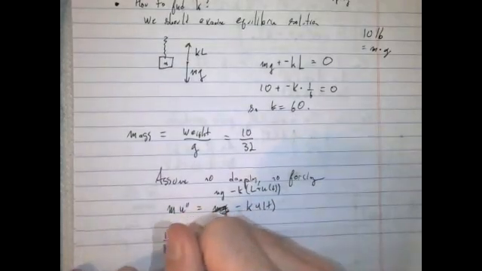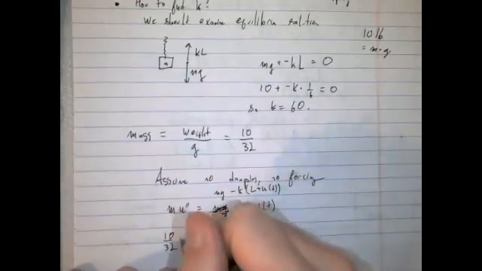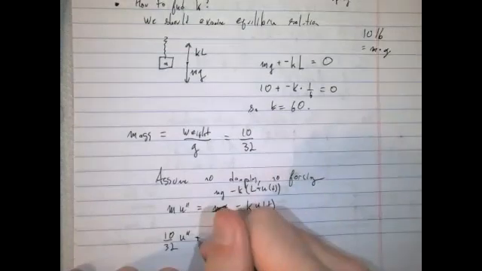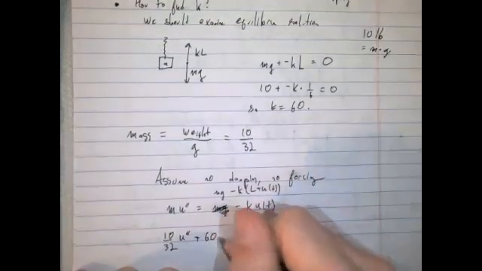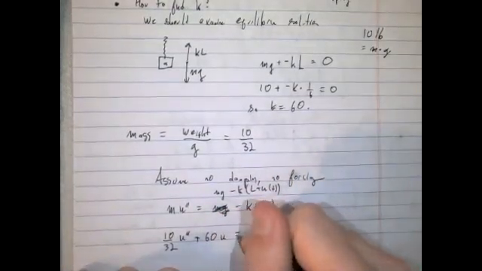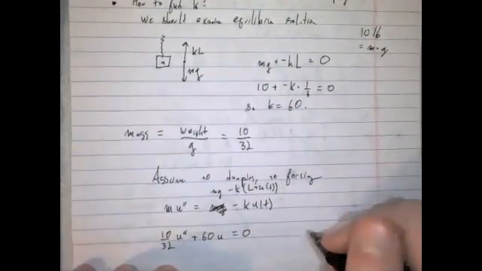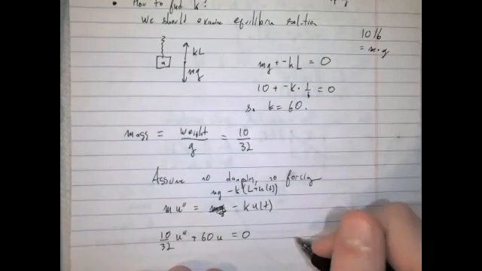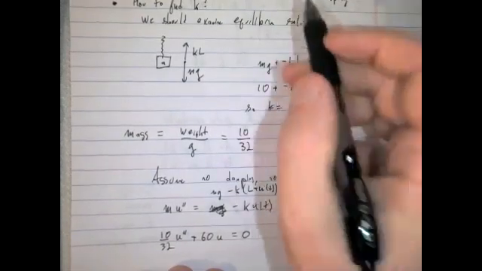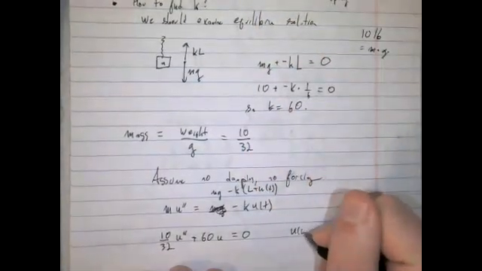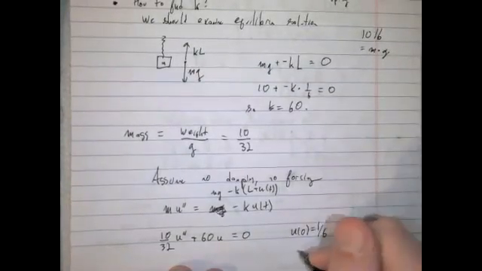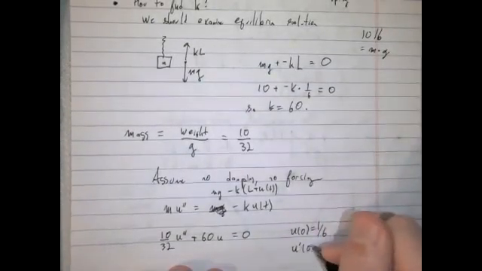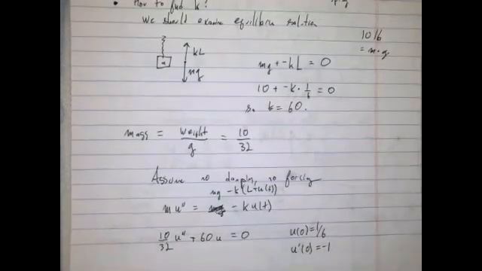Yep. 10 over 32 times u double prime plus 60u is equal to 0. And the IVP, the associated initial data that we need, is exactly what we found up here. U of 0 is equal to 1/6, and u prime of 0 is equal to negative 1.